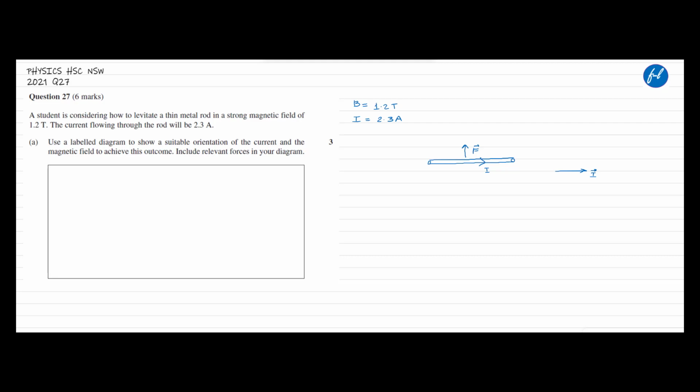and the magnetic field is to be placed in such a way that the resultant force, the force that will be experienced by the rod, has to be vertically upwards because we have to lift the rod up. So what should be the direction of the magnetic field? There could be only two possible directions of the magnetic field.